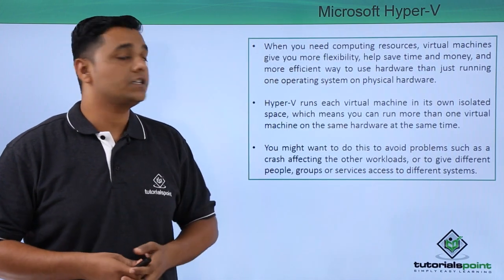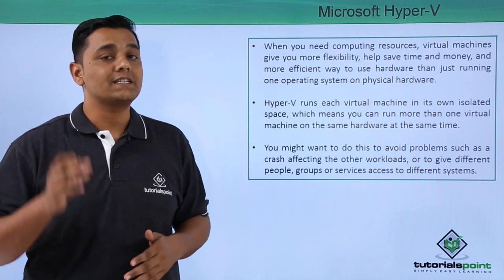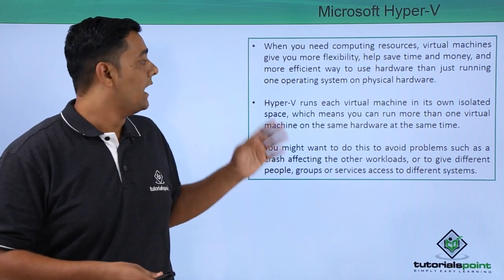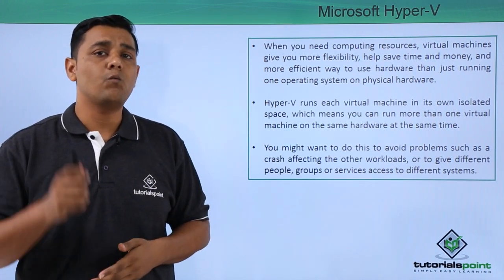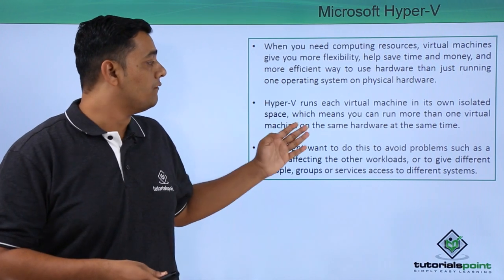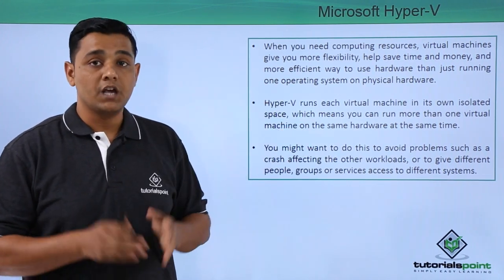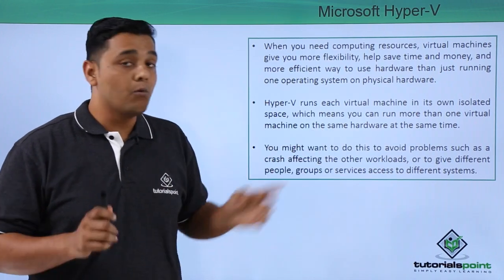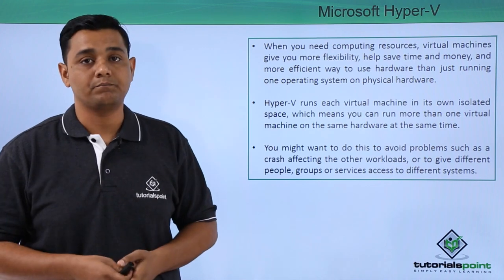When you need computing resources, virtual machines give you a more flexible way that saves your time and money, and a more efficient way to use hardware than just installing one operating system on one physical machine. Hyper-V runs each virtual machine in its own isolated space, which means that you can run more than one virtual machine on the same hardware at the same time.